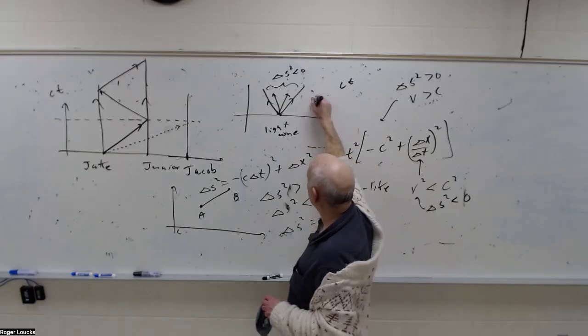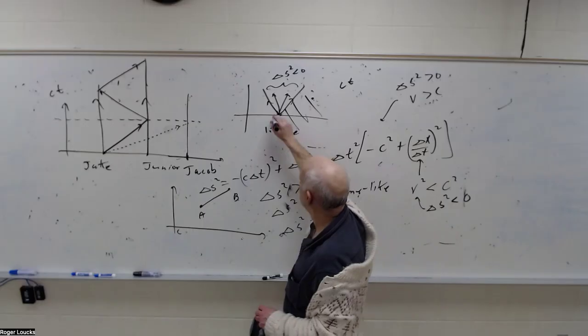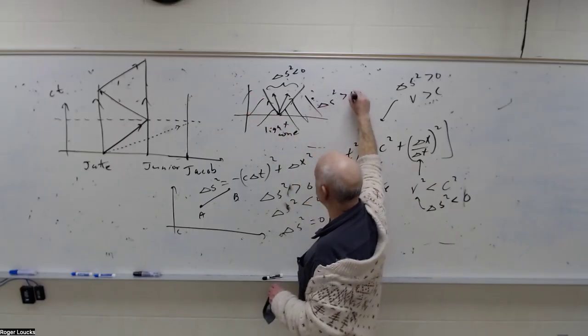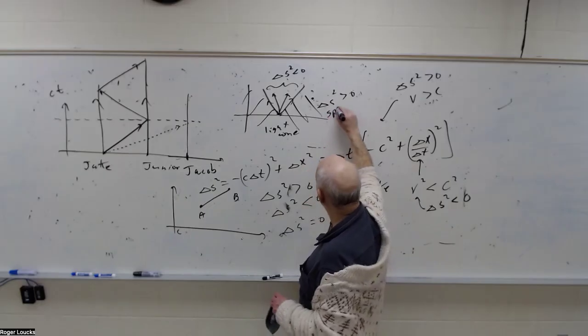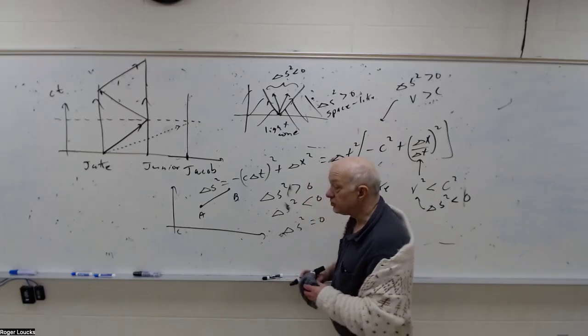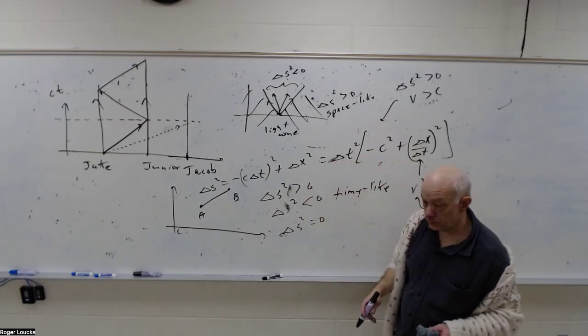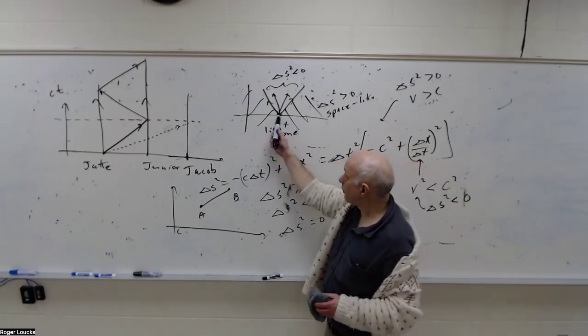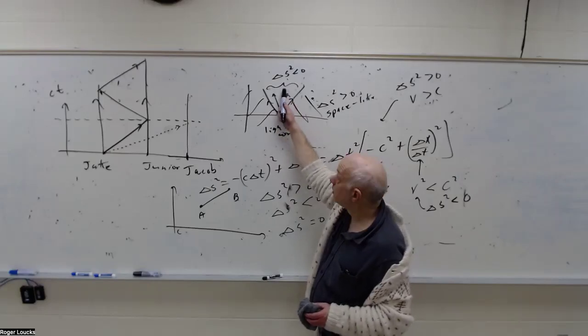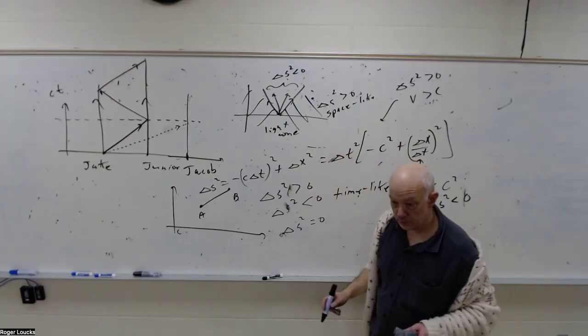But if I have a point out here, in this region and this region, delta S squared is going to be greater than 0. This is called space-like, because the space is bigger, and you can't communicate there. So if you start here, you can communicate with people in this light cone, but if you're outside the light cone, you can't.